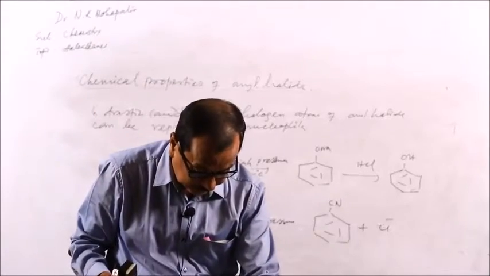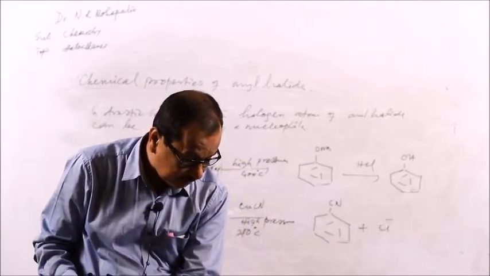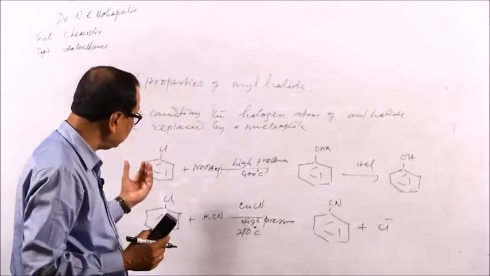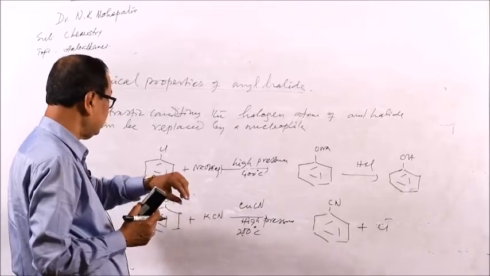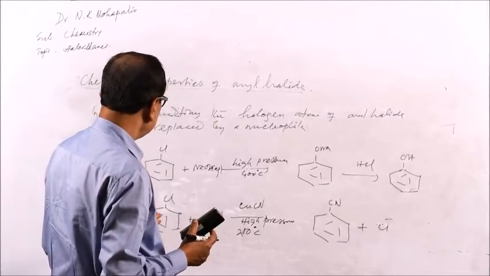On the other hand, if an electron withdrawing group is present on this benzene ring, then the substitution becomes easier.